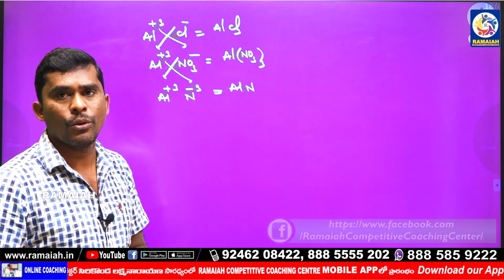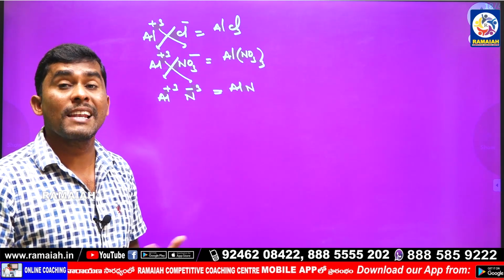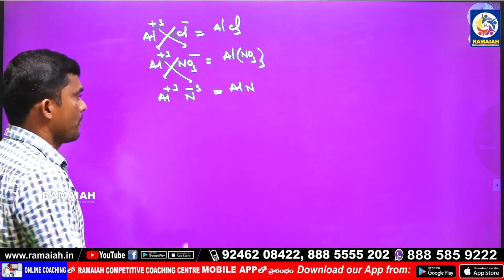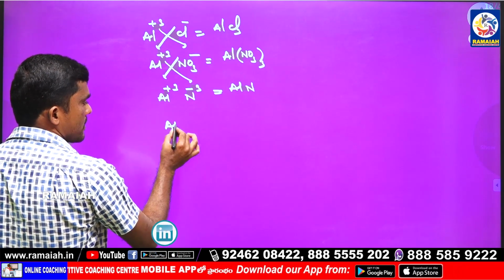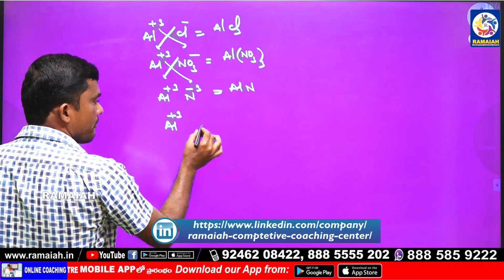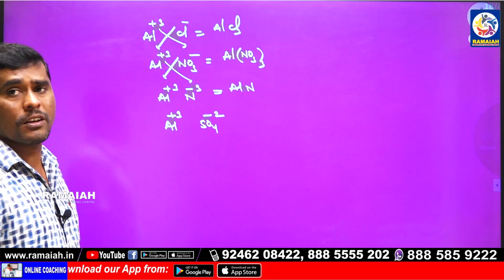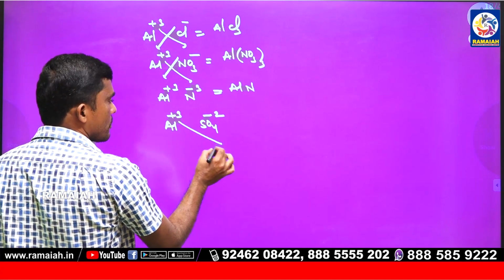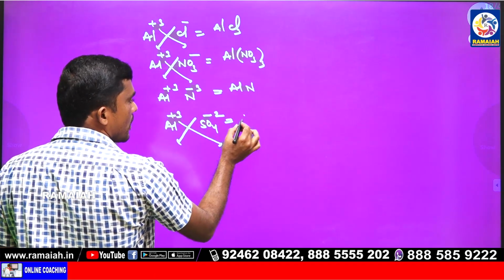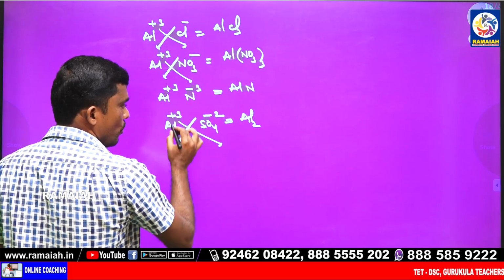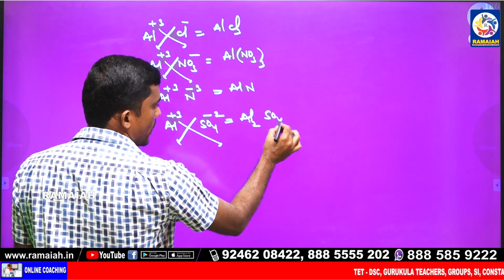Okay. For example, aluminium sulfate. The aluminium formula is Al plus 3. Sulfate formula is SO4 minus 2. Here the charges are not equal. So the formula is Al2(SO4) taken thrice.